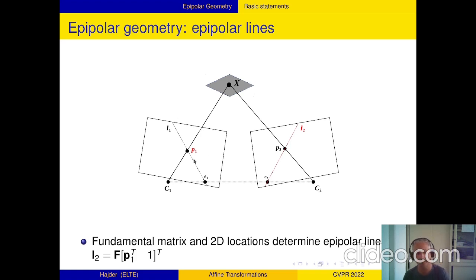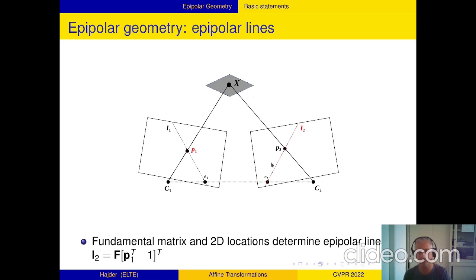So if the location in the first image is given, which is denoted by P1, and the homogeneous representation is taken, which means that we extend the two-dimensional coordinates by a third coordinate, which is set to 1, and we multiply this homogeneous coordinate by the fundamental matrix from the left, in that case we get the L2 vector, a three-dimensional vector, which represents a line.